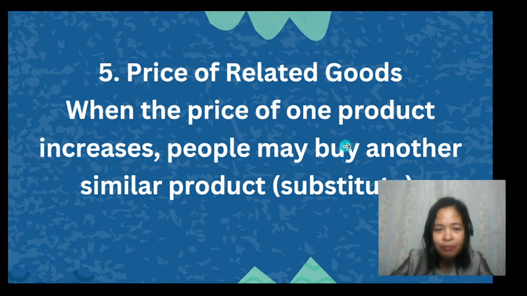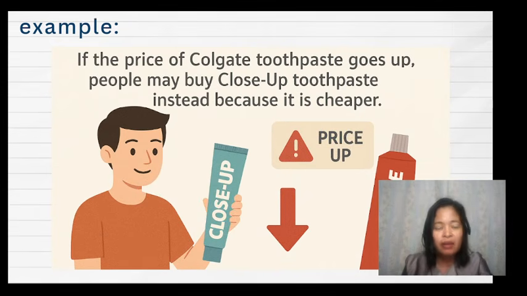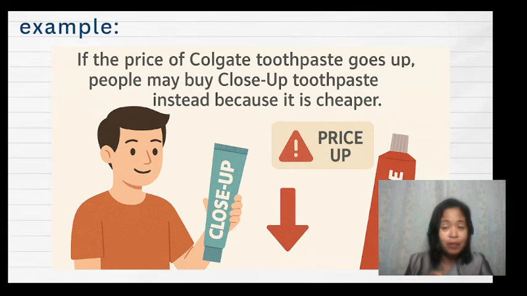So we have an example here. If the price of Colgate toothpaste goes up, tataas yung presyo ng Colgate, people may buy Close Up if mura yung Close Up toothpaste.